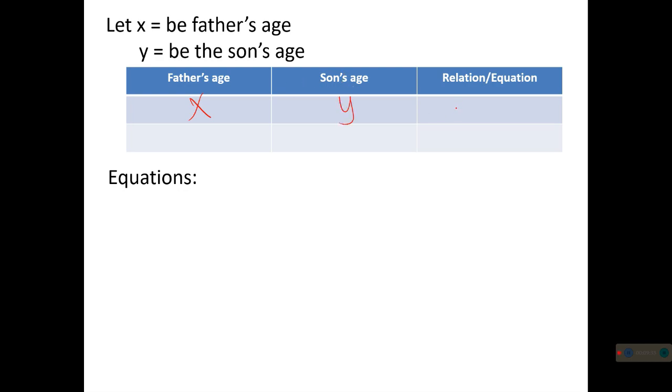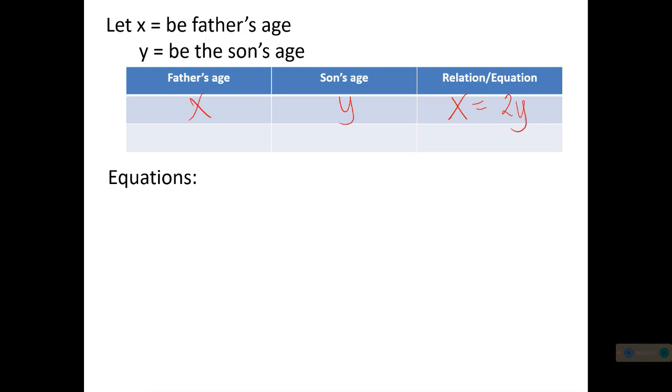From the given problem, a father is twice as old as his son, so that will be our equation, the relation of the two persons in our problem.